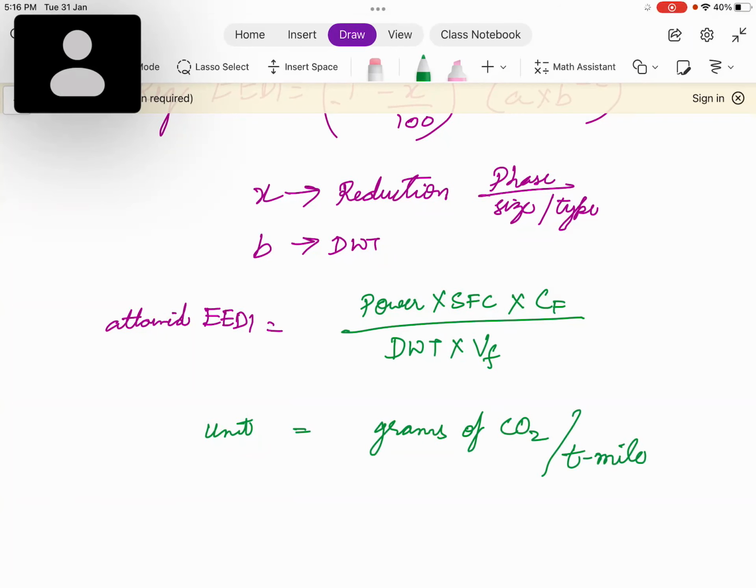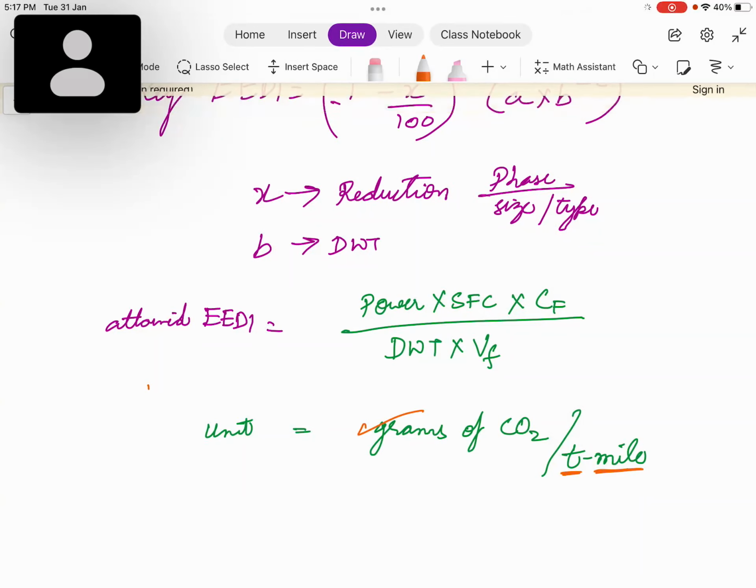How much CO2 you are releasing into the atmosphere, in grams, when you carry 1 ton of cargo over a distance of 1 nautical mile. Do you understand the definition? You will remember it from the unit if you think logically.